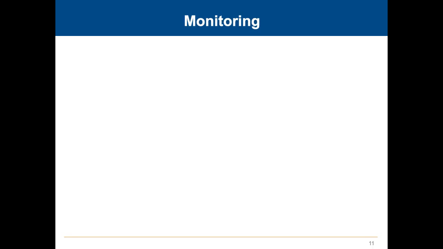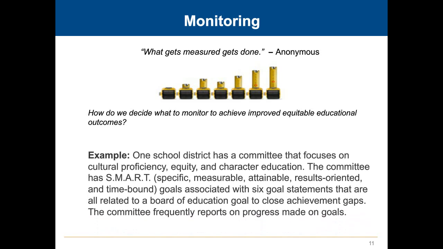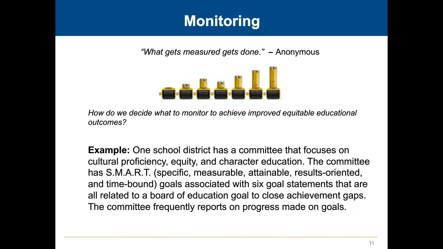When we talk about monitoring, if it's not getting measured, it's not getting done. So how do we decide what it is that we are measuring? We need to make sure that when we look at our goals, and we can bring this down at the most granular level for our teachers, for our building level administrators, for our central office staff, that we can talk about specific, measurable, attainable, results-oriented, and time-bound goals.